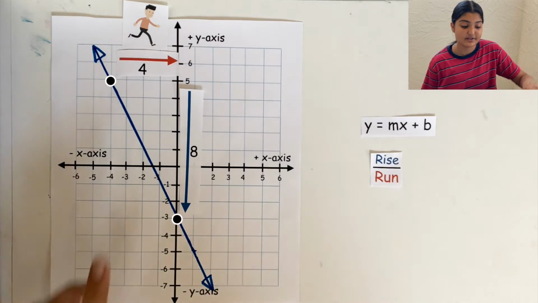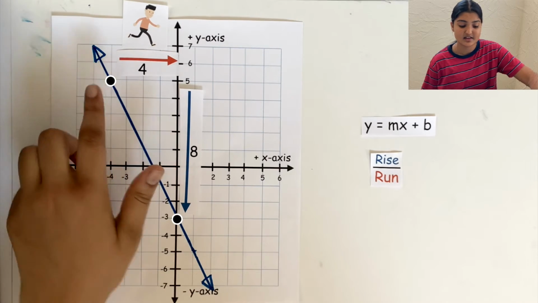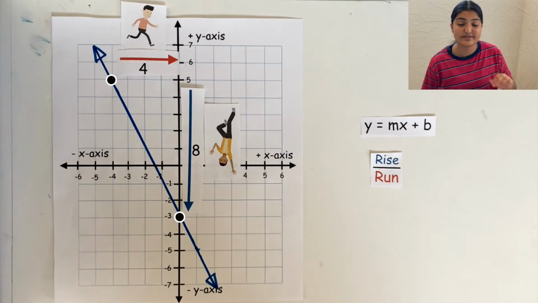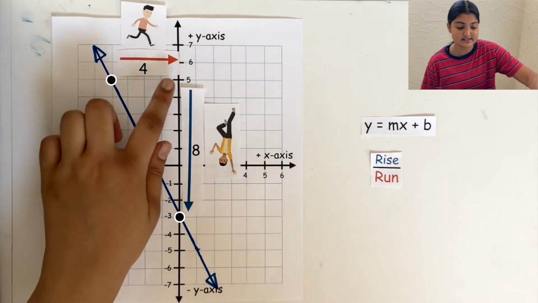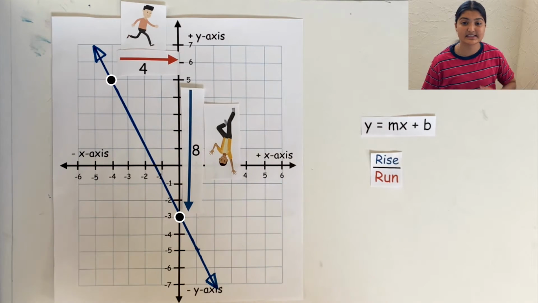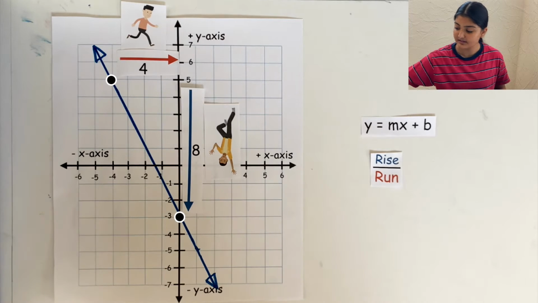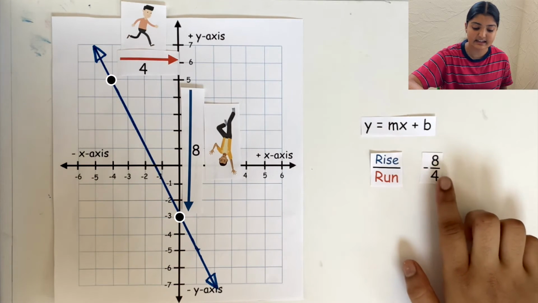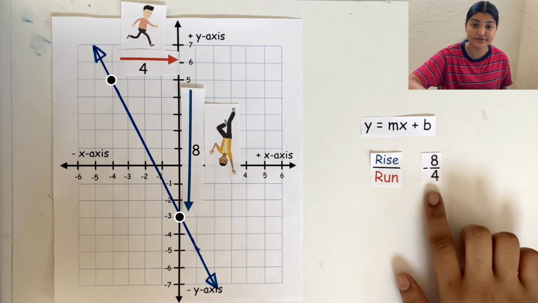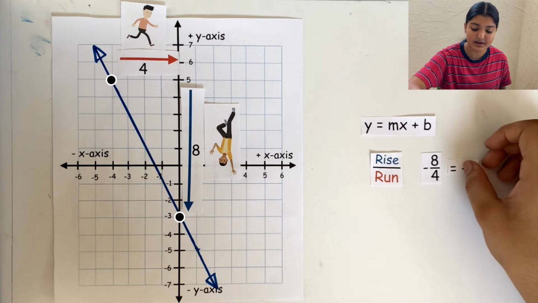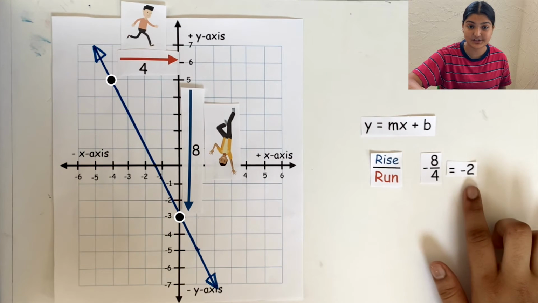We ran 4 units towards the positive direction, but we fell 8 units towards the negative direction. This gives us a slope of negative 8 divided by 4, which we can simplify to negative 2.